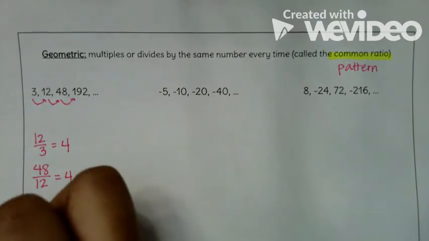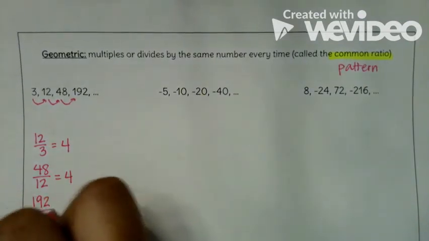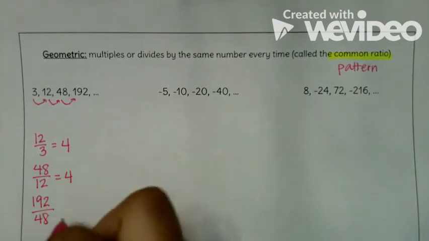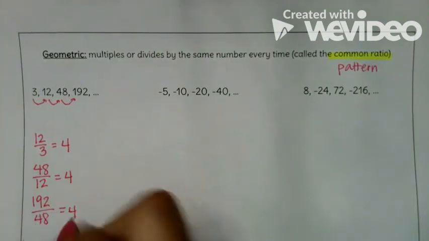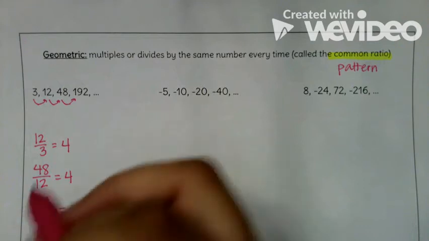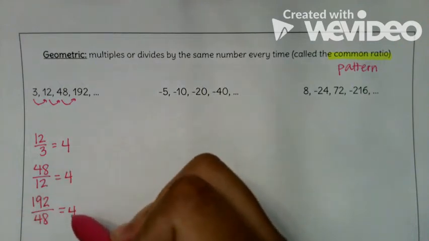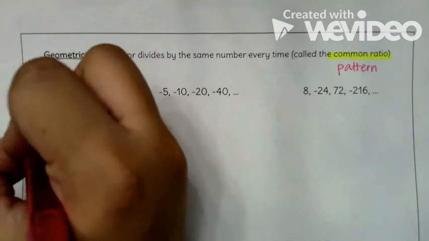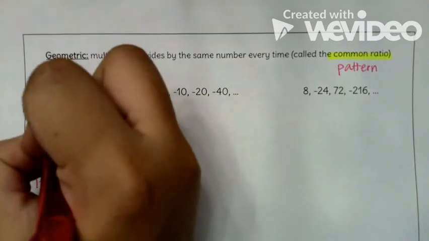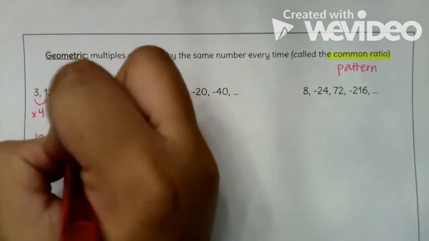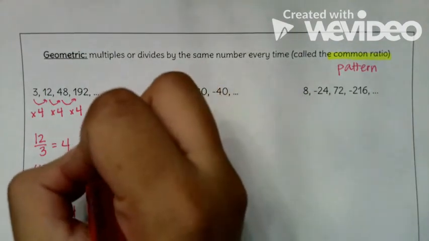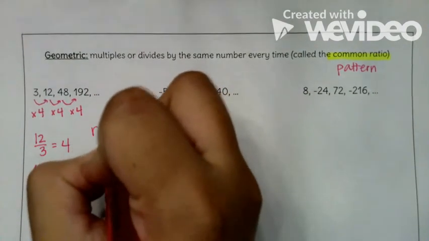And then if I do 192 divided by the previous, which is 48, I also get 4. So because I keep getting that same number 4, that's telling me that I'm multiplying by 4. And because I'm multiplying by 4, that means my common ratio R is going to equal 4.